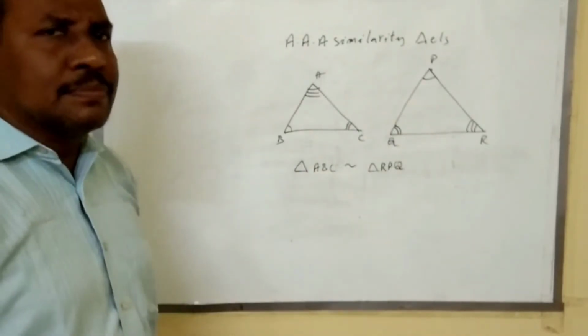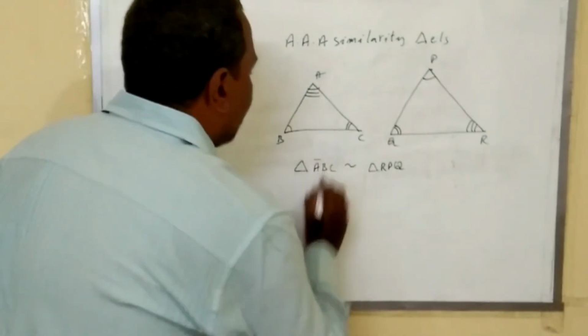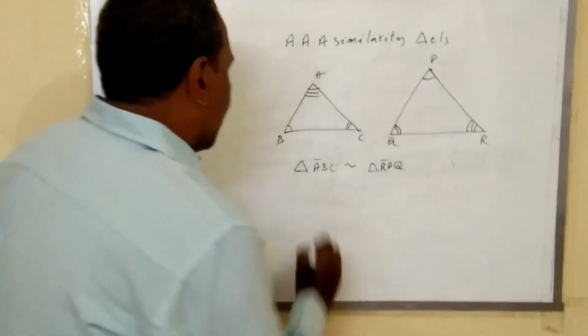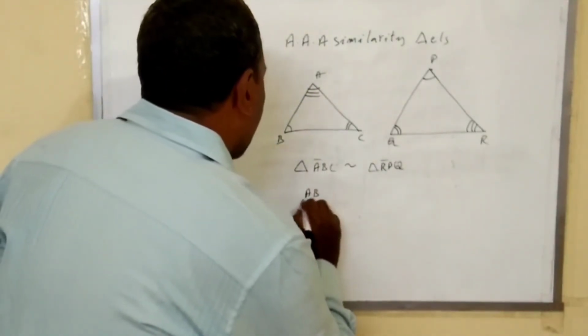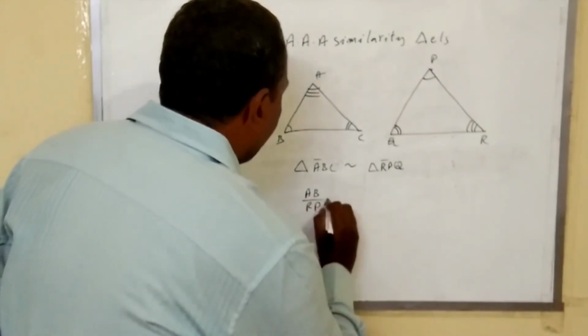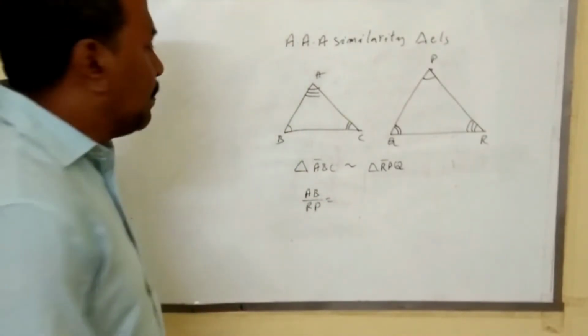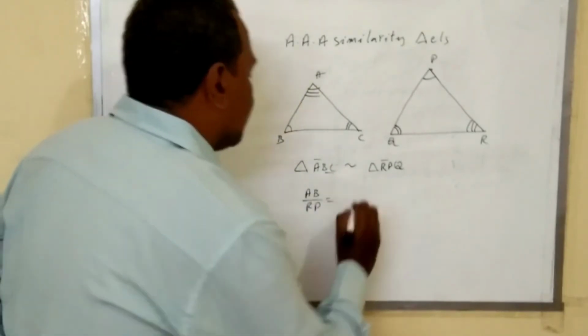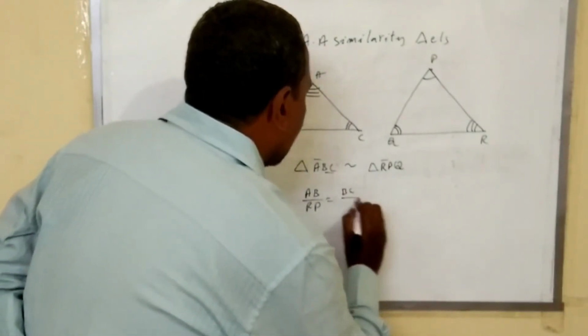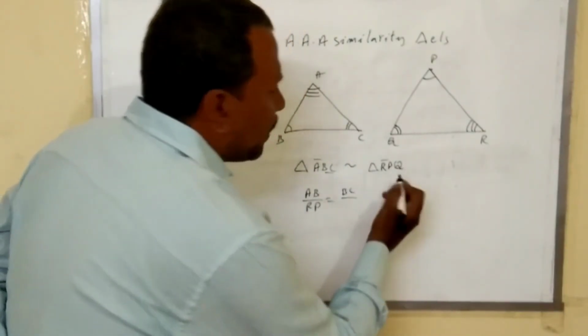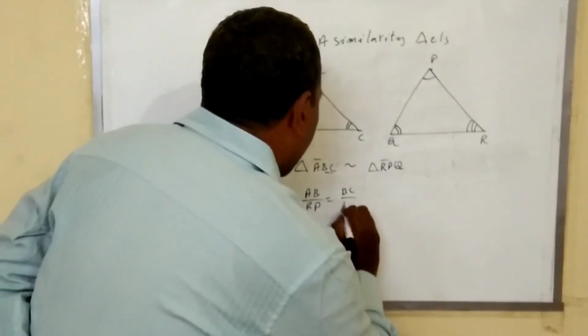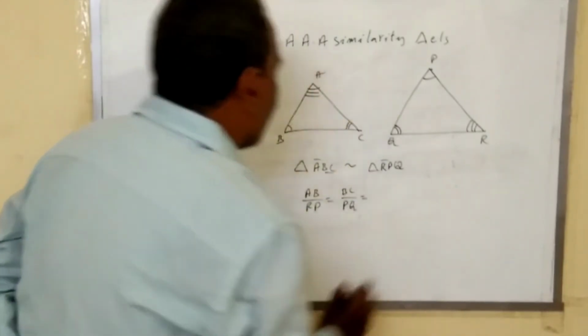Triangle RPQ. Now see, AB, RP. So you can write AB by RP or PR, anything is fine. Next, BC. In place of BC, QP or PQ. Okay, PQ. BC by PQ.